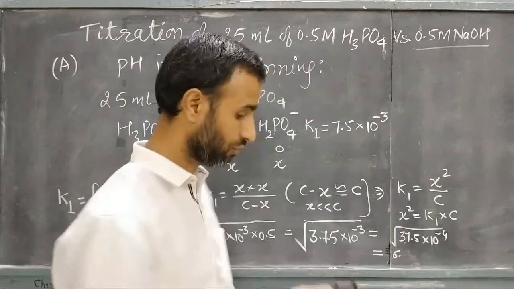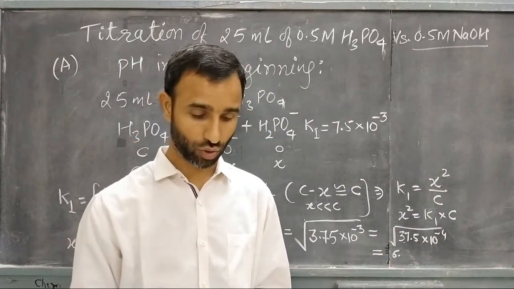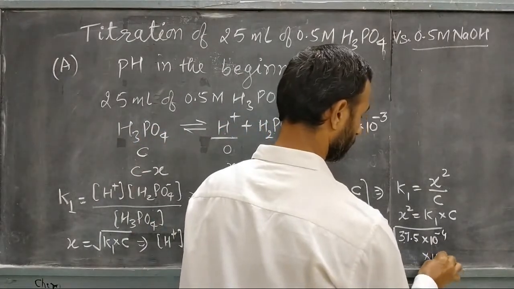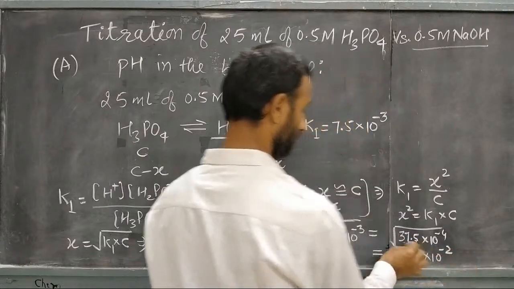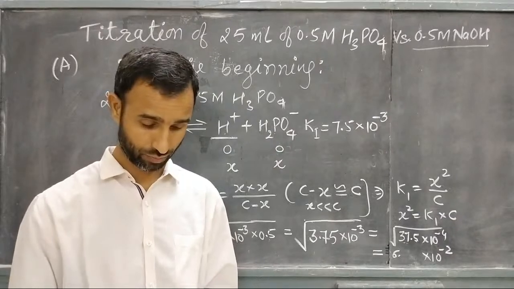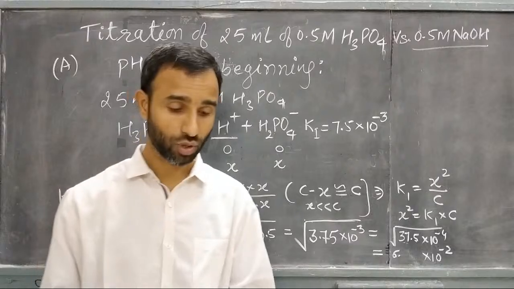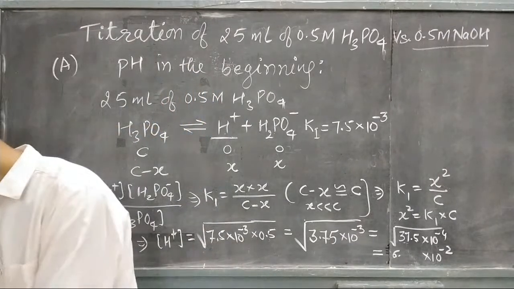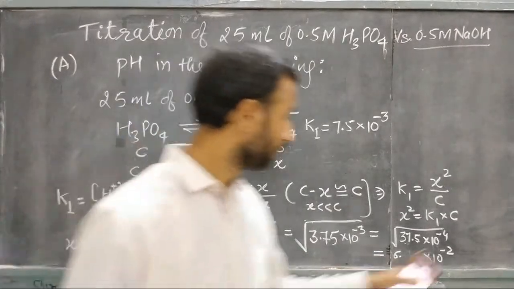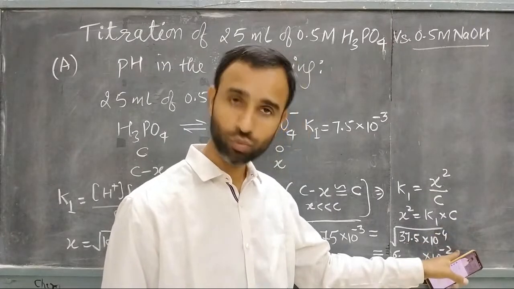So tell me, what is the value of the square root of 37.5? It is into 10 raised to power minus 2, because the square root of 10 raised to power minus 4 is 10 raised to power minus 2.